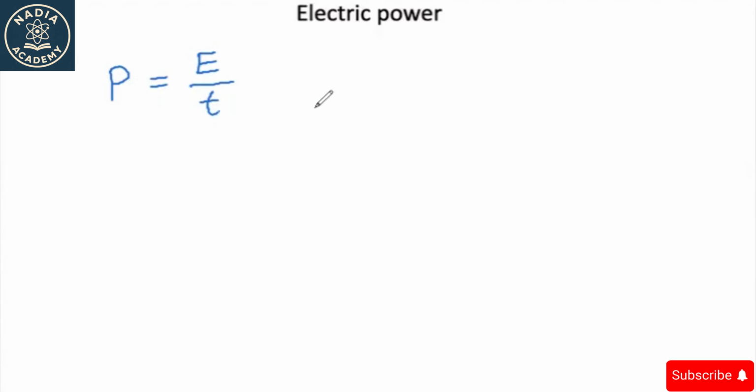What is electrical energy? In the definition from Ohm's law, we understood that the potential difference is the electrical energy provided to a unit charge. So the electrical energy is equal to the charge times the potential difference.